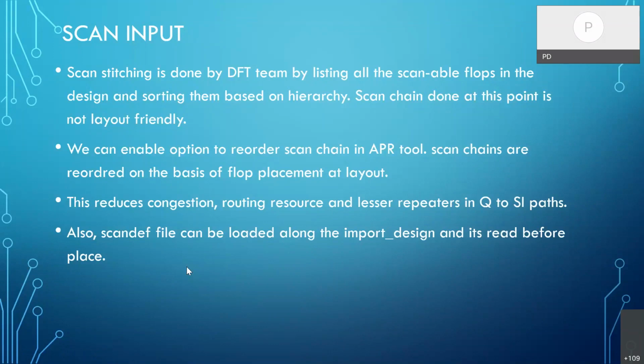If we give the scan details, the tool will understand these are the scan related parts, and not waste time on them but focus on the functional part. That improves our timing in the functional part.